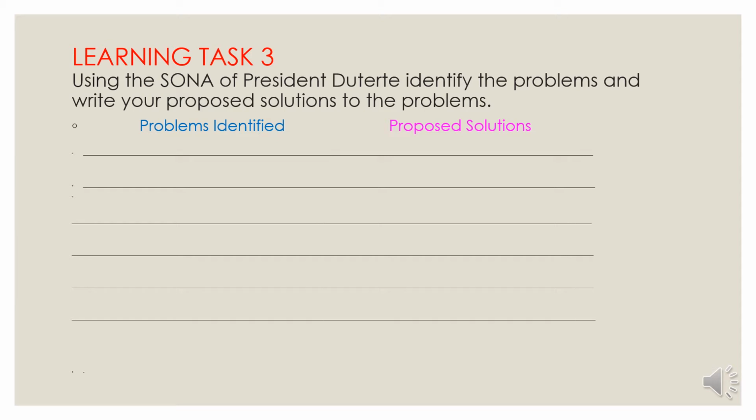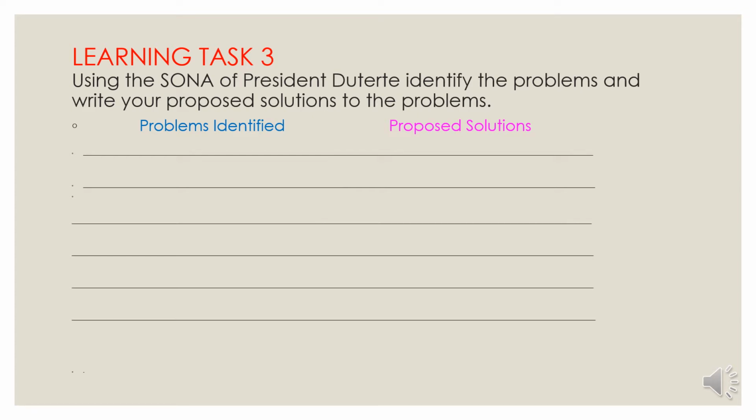For the next activity, you will be answering Learning Task 3. Again, for this activity, you will be using the SONA of President Duterte. Identify the problems from that SONA, and write your proposed solutions to these problems. Below are 2 columns.